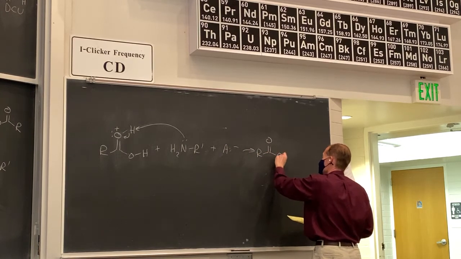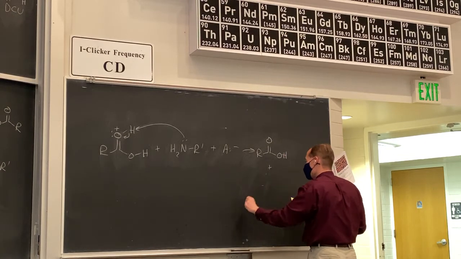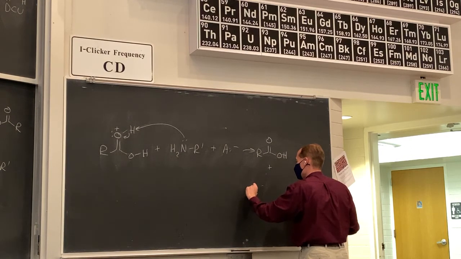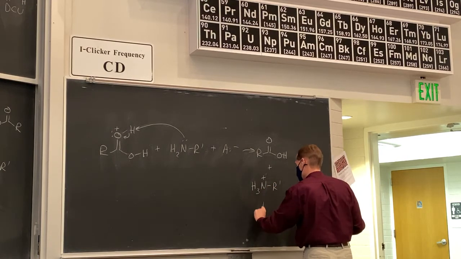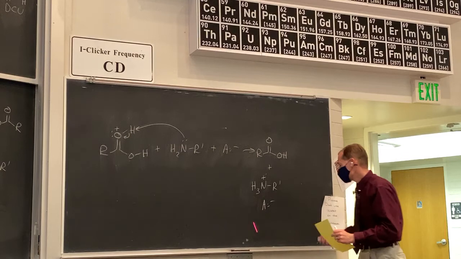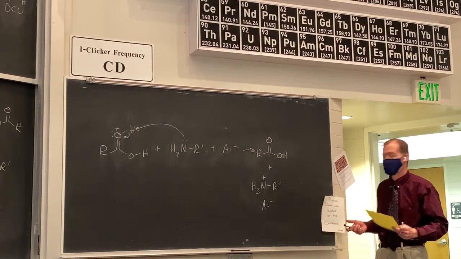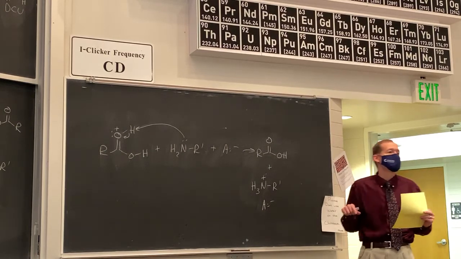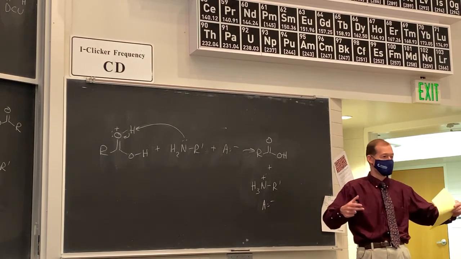Okay? So we get a carboxylic acid, but instead of regenerating our acid, what we have done is we have formed an ammonium salt. Okay? So our conjugate base forms a salt with this ammonium ion. What this means is the acid-promoted hydrolysis of an amide is stoichiometric in the acid because we've consumed the acid.